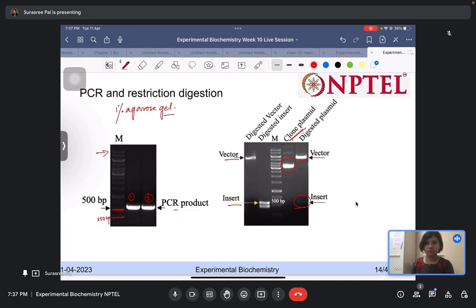So this restriction digestion is then carried out to confirm the presence of this gene of interest in this particular plasmid, and then run on agarose gel.